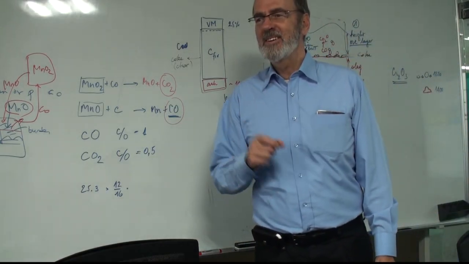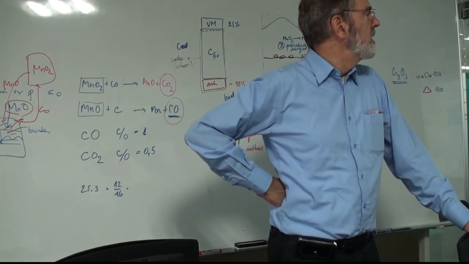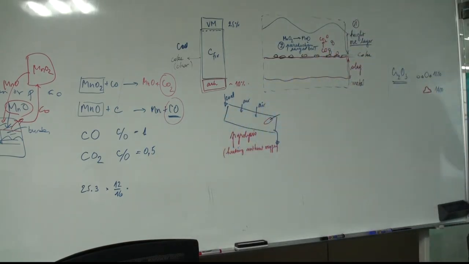Is this okay for you? Yeah, okay. Why times 10? The meaning of 10 is because it is for 1 ton, while the numbers until here are for 400 kilo.